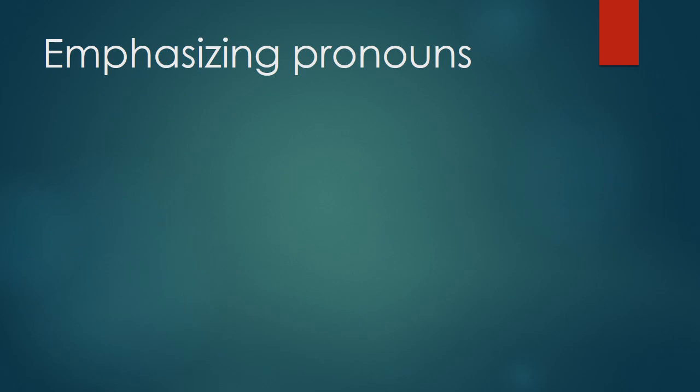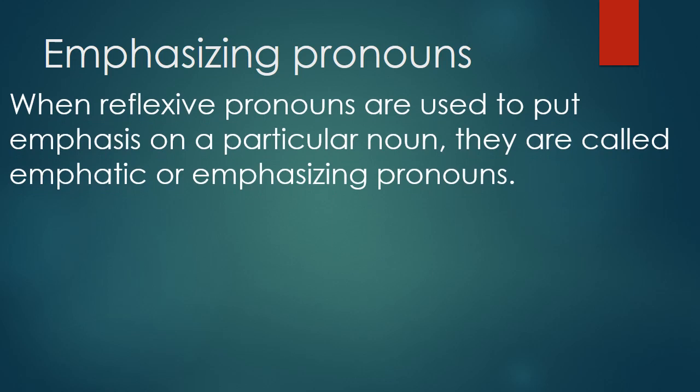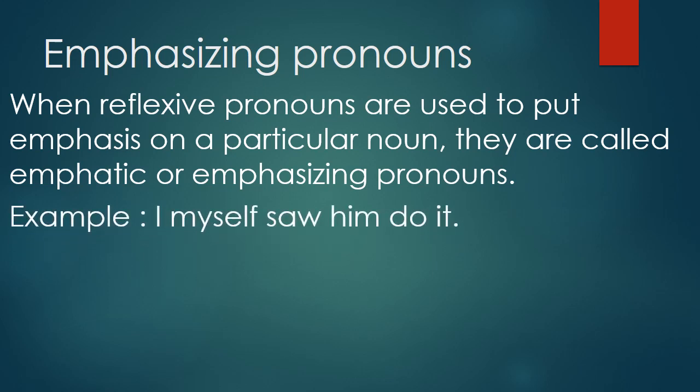Next is emphatic or emphasizing pronouns. When reflexive pronouns are used to put emphasis on a particular noun, they are called emphatic or emphasizing pronouns. For example, I myself saw him do it. Now, just after the subject, if a reflexive pronoun is used, for example, here myself is used just after the subject, then we can see that there is emphasis just after the subject.